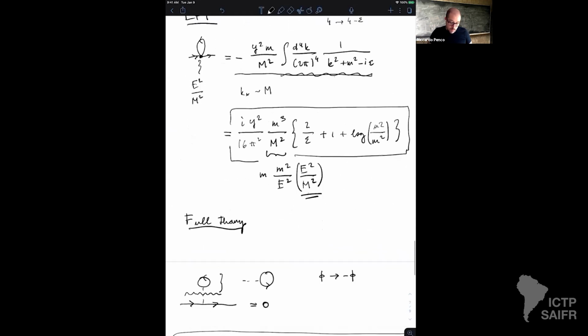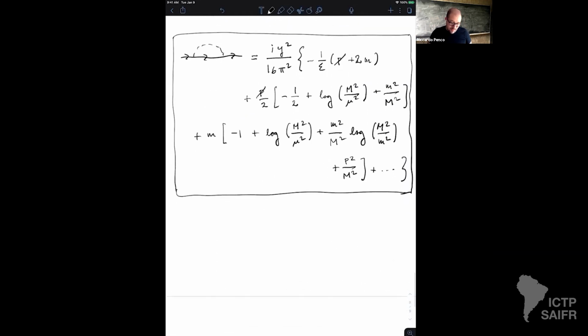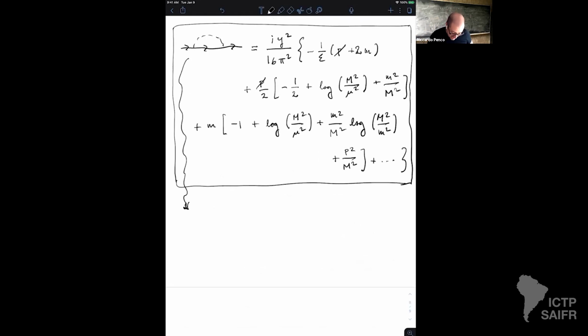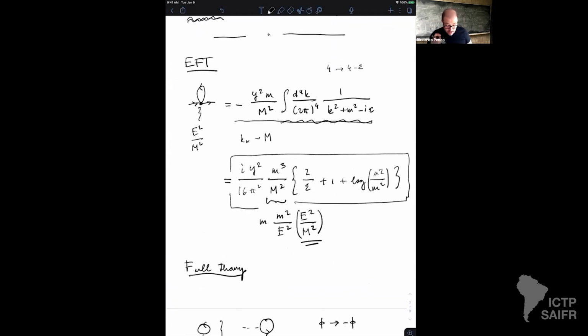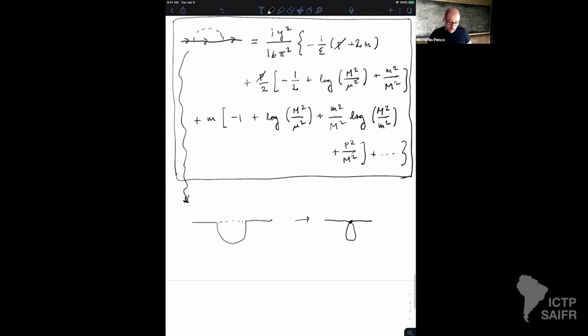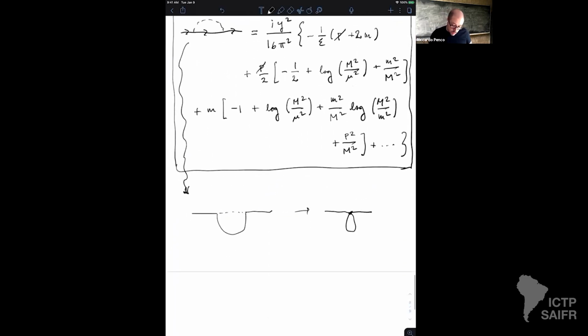Okay. So at the pictorial level, this can be viewed as saying that if I take this diagram, and now I rewrite it like so, and then I contract the scalar line, what I'm left with is precisely the diagram in the EFT. Okay, so expanding the integrand corresponds to contracting the scalar lines.